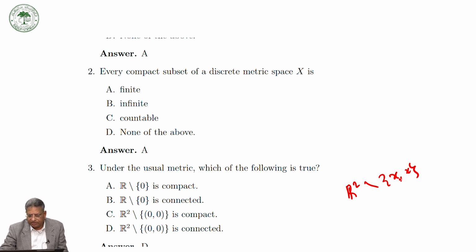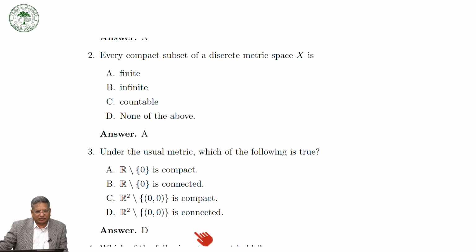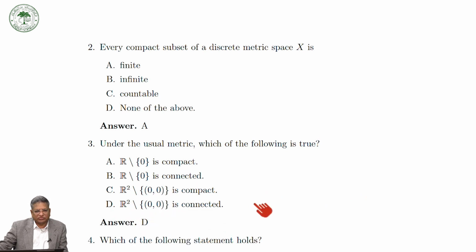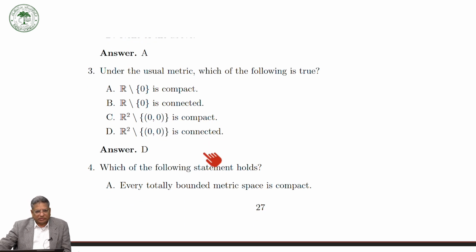Instead you can take x equal to 0 and y equal to 0, only one point, so it is not compact. But you know that R square minus (0, 0) is a connected set. But it is not compact, and R minus 0 is not compact and it is not connected. So this is the result.